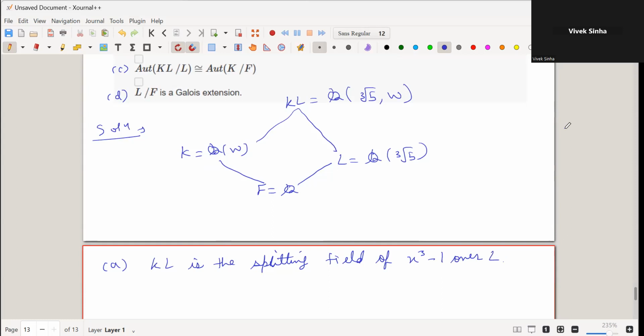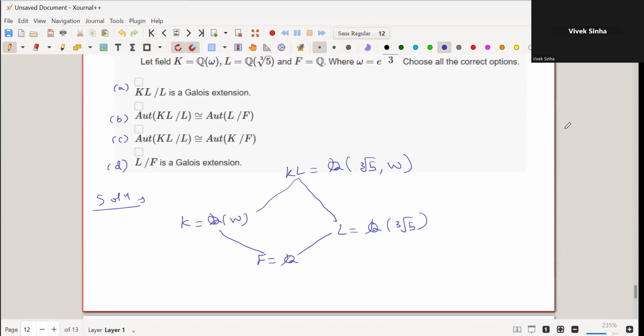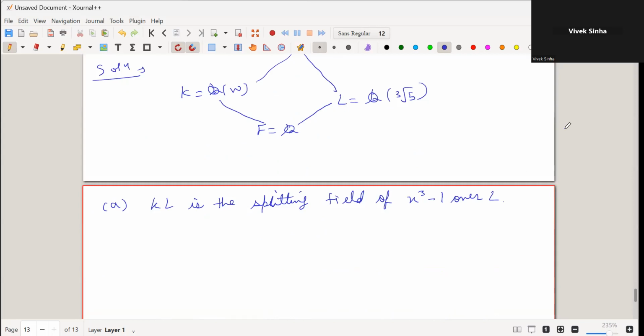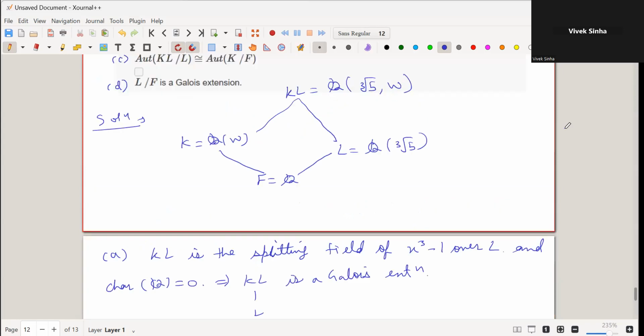Because just adjoining omega here, so it's just that. So normal extension is there, and characteristic of Q is equal to 0. Splitting field means it's an algebraic extension. So this implies KL upon L is a Galois extension. So the first option is clearly correct.